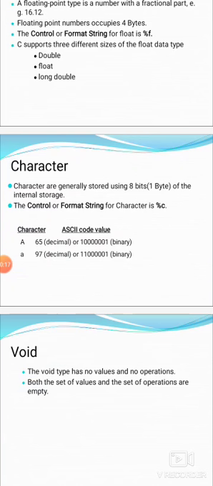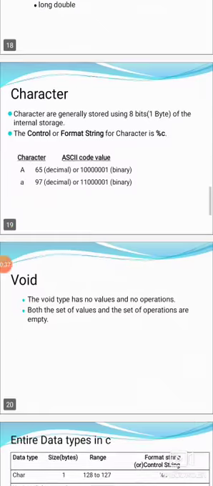And for the small a, the ASCII code is 97 in decimal, whereas in binary it is represented by 11000001. This is the character and the ASCII code for the particular character. It occupies 1 byte of storage.